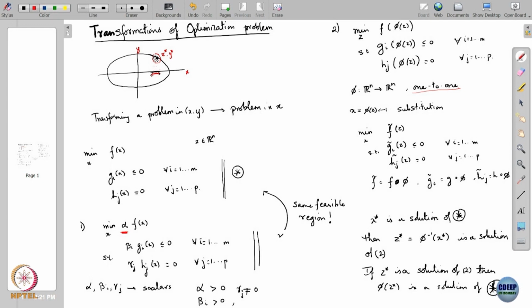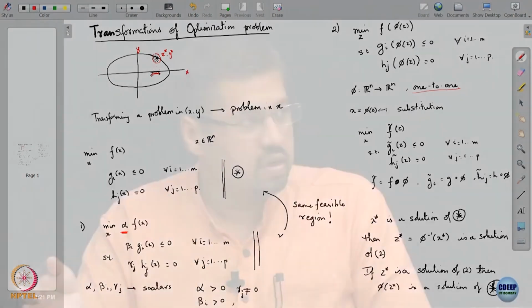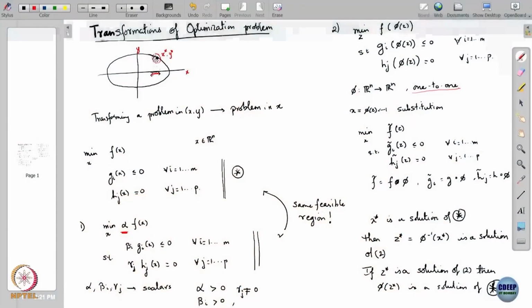So for example, if phi is not 1-to-1, if it's many to 1, so there are multiple z's that give you the same x, then what would happen? How would 2 and star be related? When you want to establish the relation between optimization problems, there are two things that you need to look at.